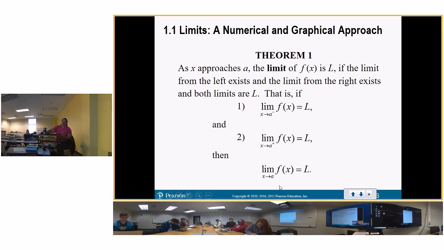Or some books put plus and negative. Either way, you're basically asking, what is the y value when x is approaching a from the left and the right? Not a big deal. Just make sure you know how to write it.